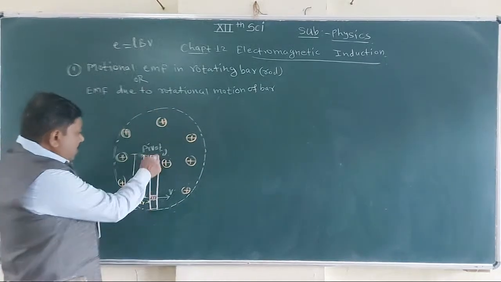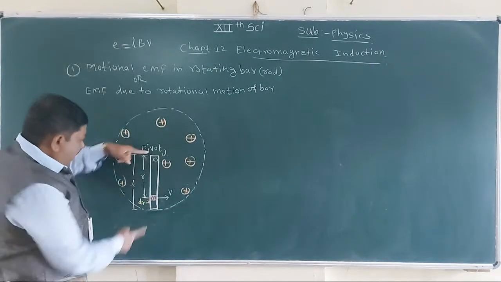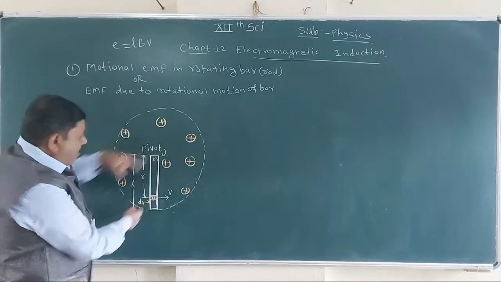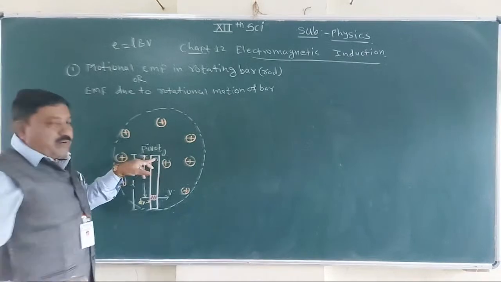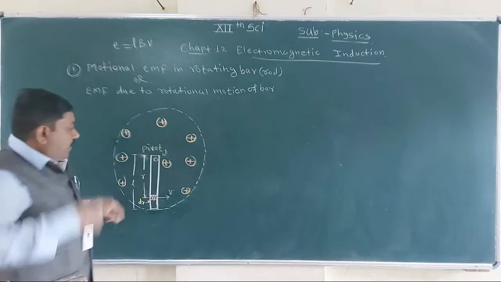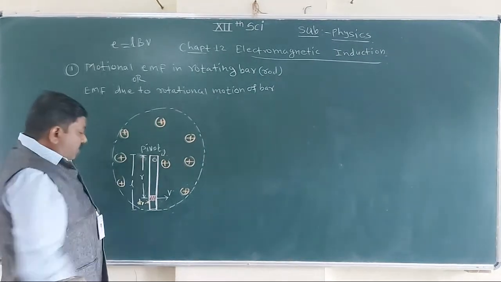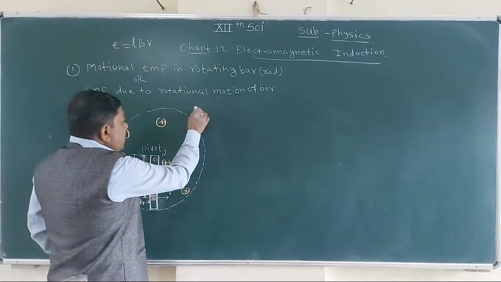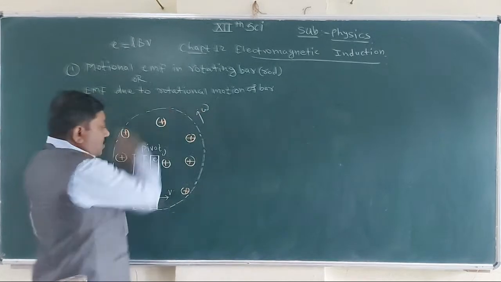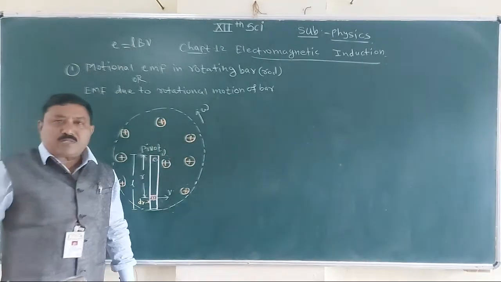Suppose this is a conducting bar of length L, pivoted or fixed at one end, and it moves with a constant angular velocity omega in a uniform magnetic field of induction B bar.